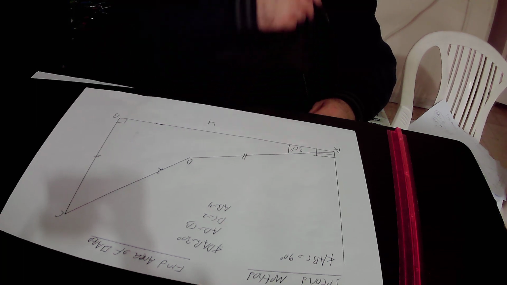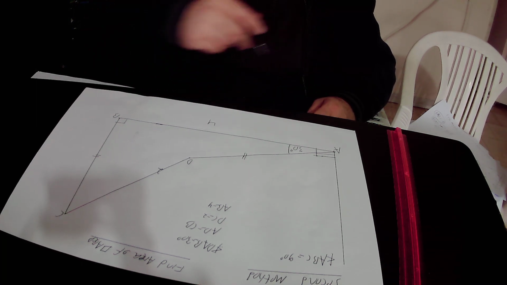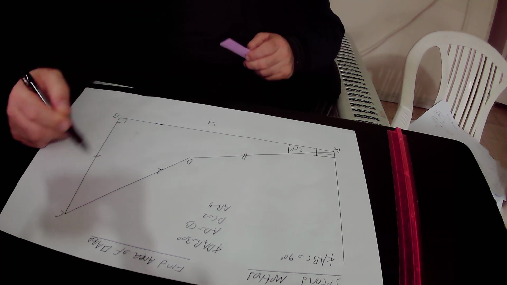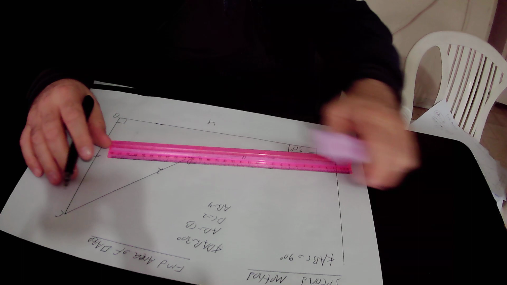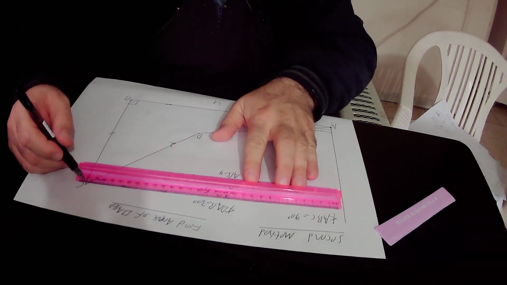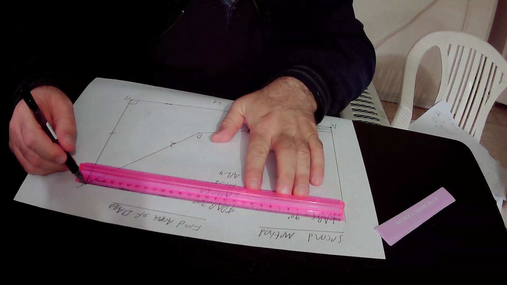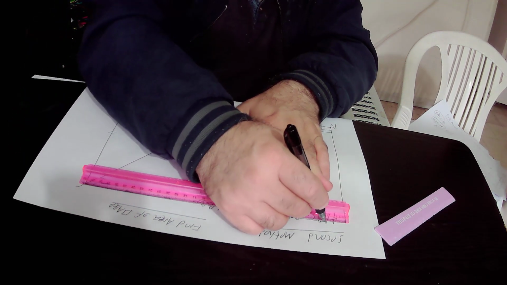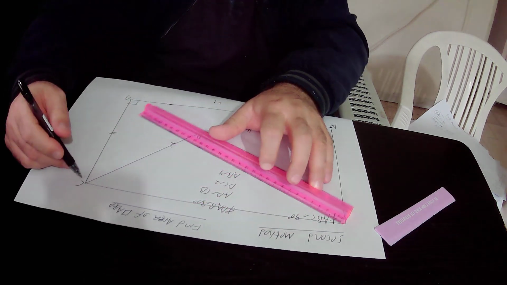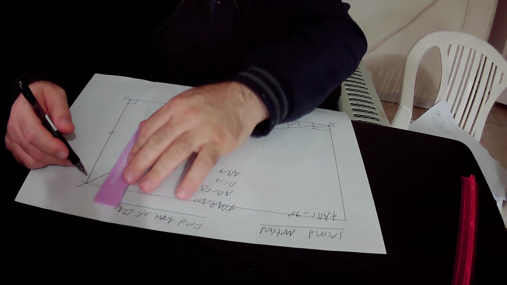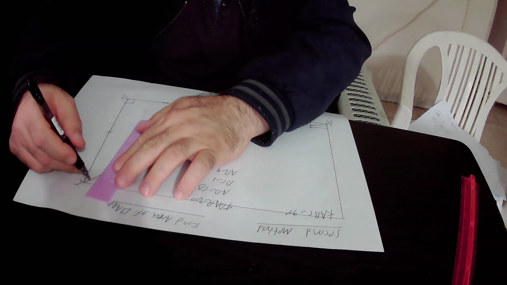From point C, we will draw a perpendicular to BC. So this is a right angle, that is to say it equals 90 degrees.